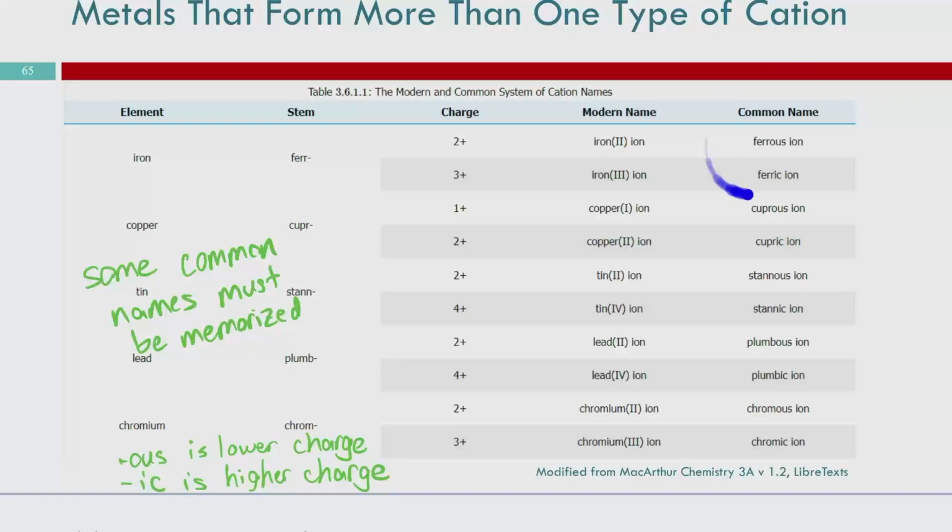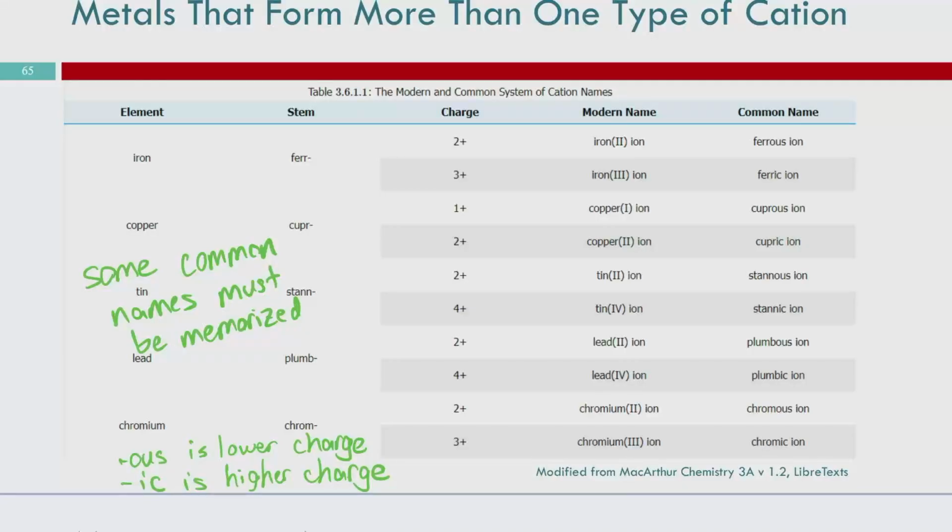The other limitation of these common names is that we don't have common names for all the possible ion charges that exist. Some of the ones in the middle of our transition metal block can form a bunch of different charge options. Like I think manganese can do 2, 3, 4, 5, 6, and 7.